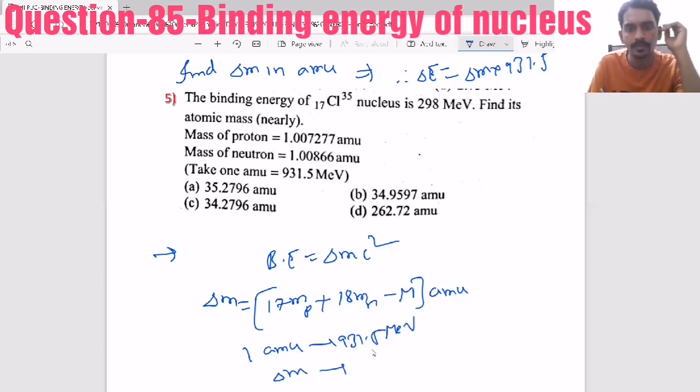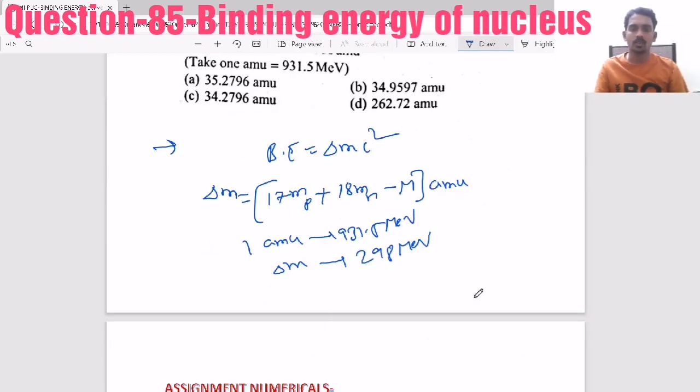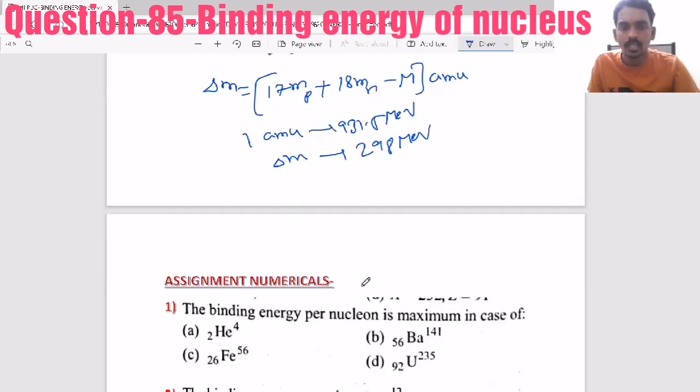Then for the given delta M, what is that? 298 mega electron volt. Then cross multiply it. Then you will get the direct solution. So no need to find the C square value and all. So if you cross multiply, delta M directly you will get in terms of AMU. So that if you substitute Mp, Mn values, then you can calculate capital M value. This way you can solve it.